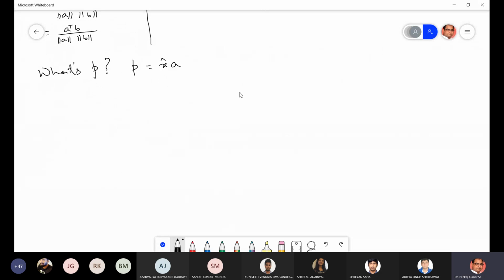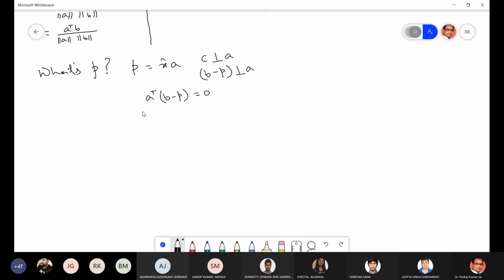So I can very well write C is perpendicular to A, or so to say B minus P is perpendicular to A. Or in this way, I can write A transpose times B minus P is equal to 0.